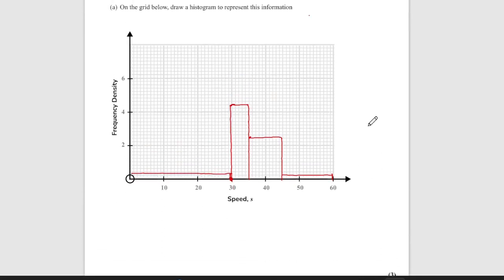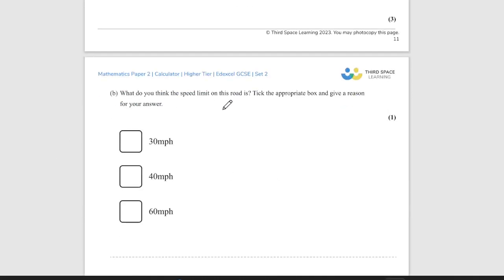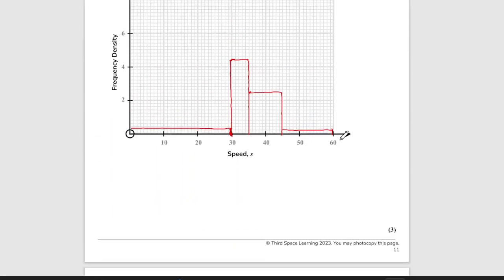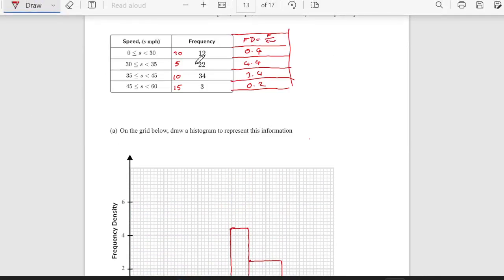Part B, what do we reckon this will be? What do you think the speed limit of the road is? Tick the appropriate box and give your reason. If I was guessing, let's just look.